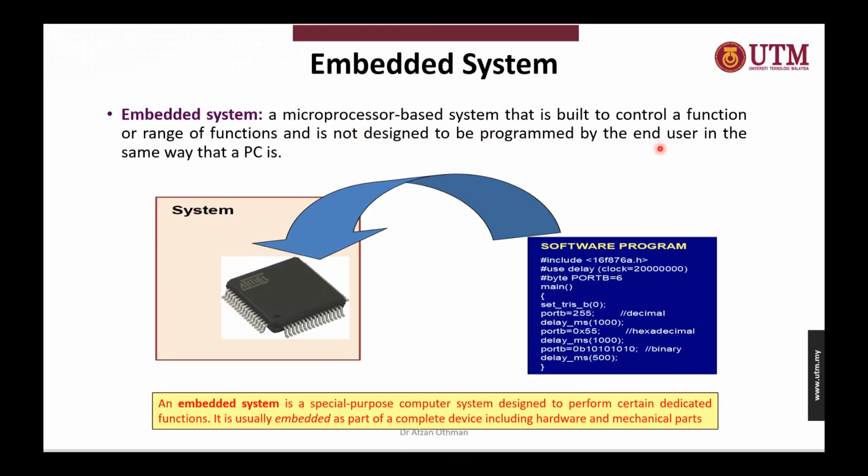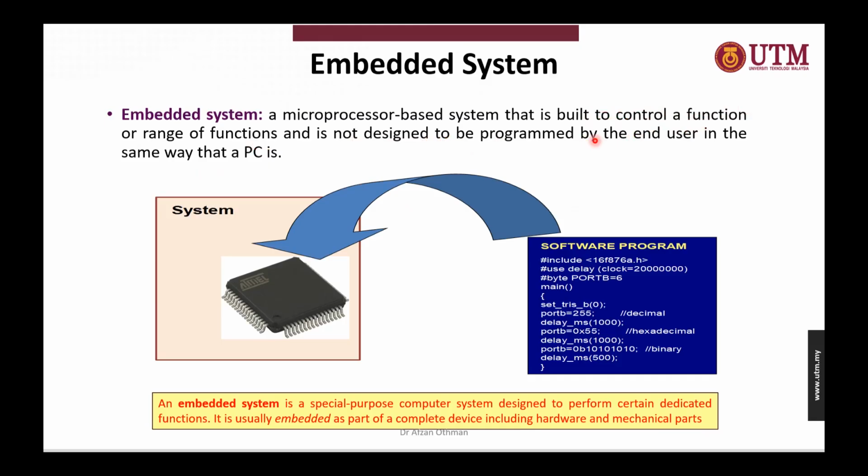So there are two key points that you need to look at regarding the definition of the embedded system. One is that it is used to control a function or a range of functions, so it has a limited function. The other is that it is not designed to be reprogrammed, which means that you cannot reprogram the embedded system.